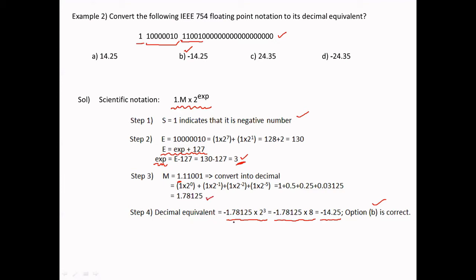Now follow the scientific notation: this mantissa into 2 power 3, and 2 power 3 is nothing but 8. We got option B as correct. So this is the procedure to convert the given IEEE format into the decimal equivalent.